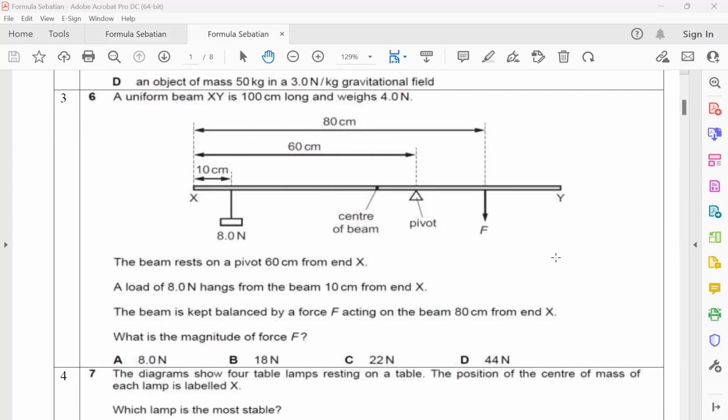This is a real IGCSE question, guys. You will be required to do some working to do this calculation. Please read the question carefully and everyone do this right now.